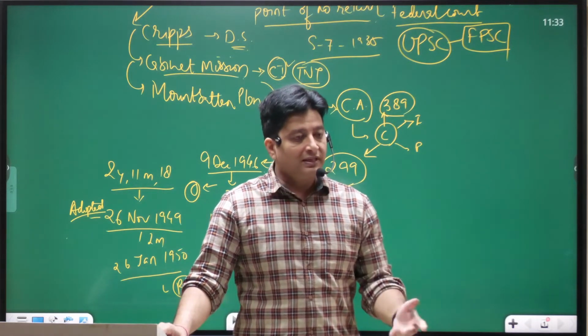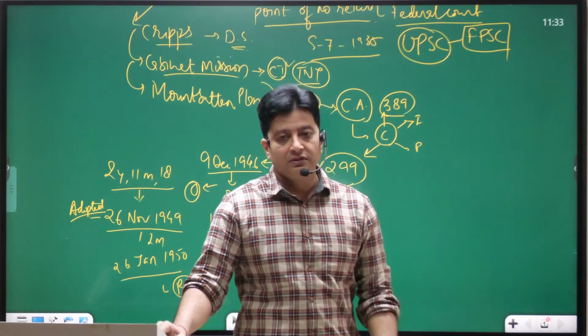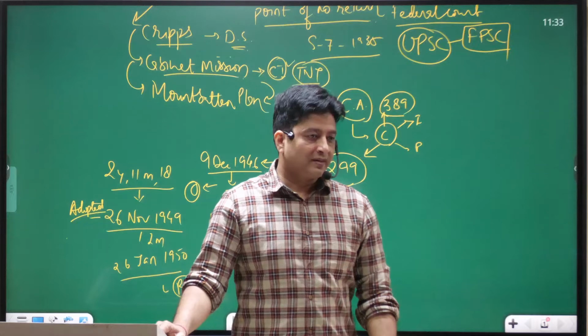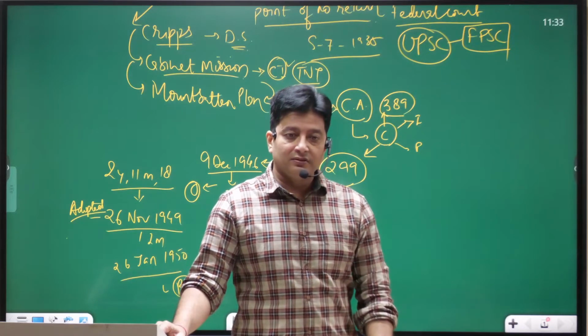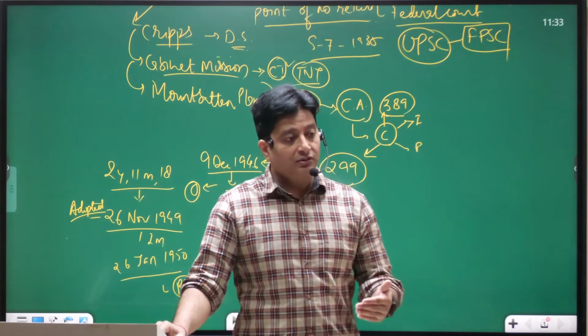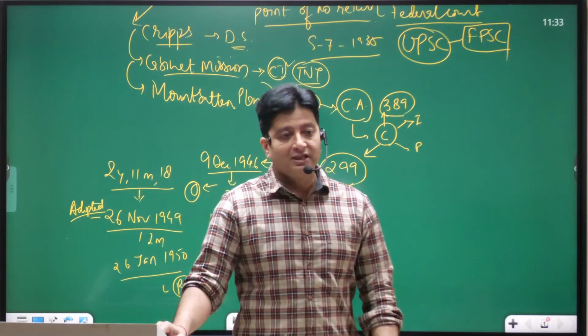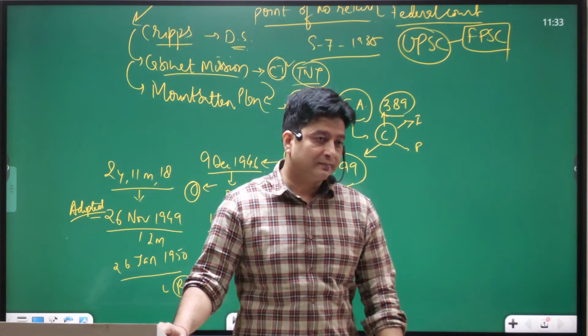But what about the national insignia? Insignia means the national anthem, song, tricolor. Though these were accepted informally, in the constitution they were included on 24th January 1950, just 2 days before the first Republic Day.